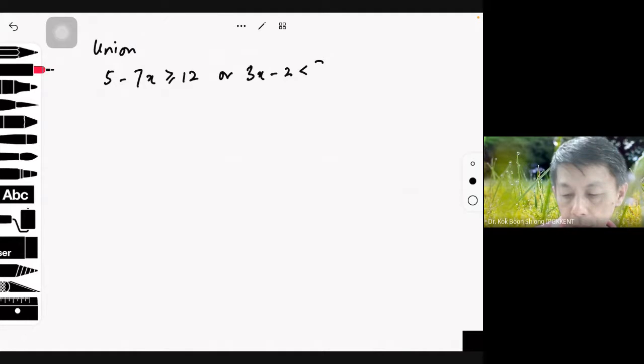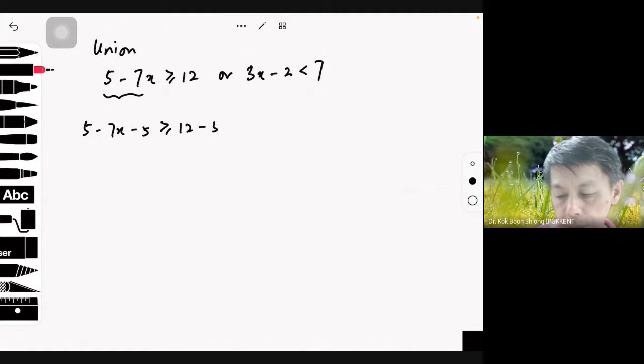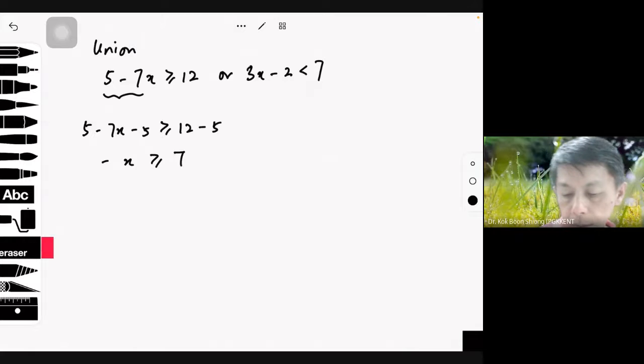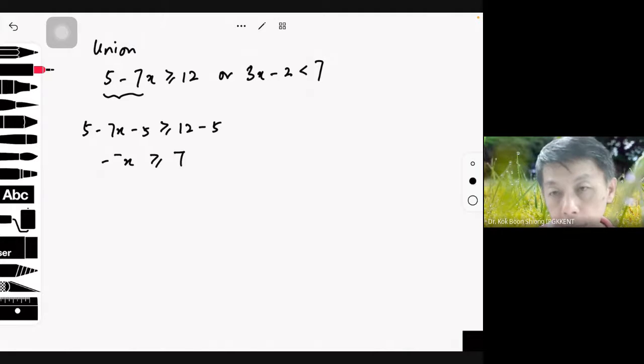So we want to move until we have a variable x. So 5 minus 7x, minus 5. So 12 also minus 5, right? So we have negative 7x. So here is 7. Now we want to divide by negative 7.